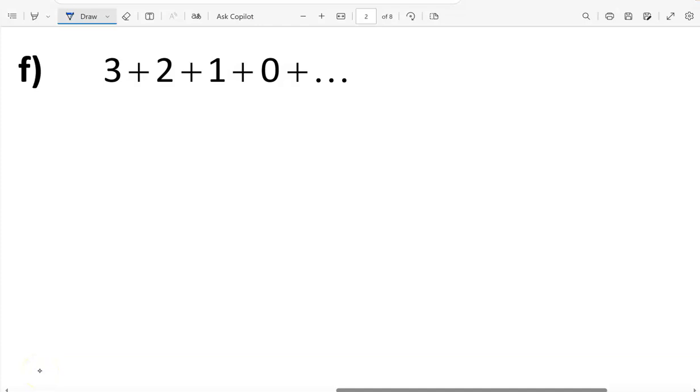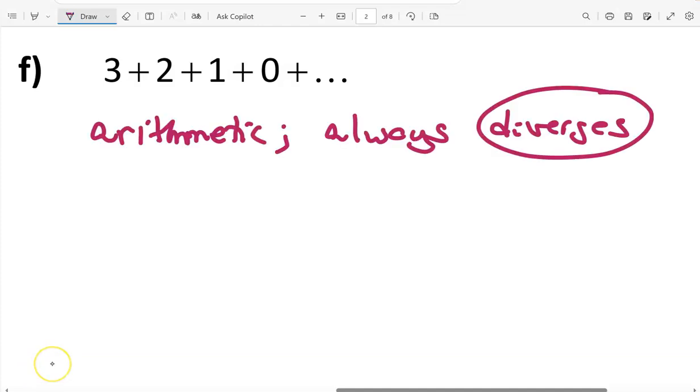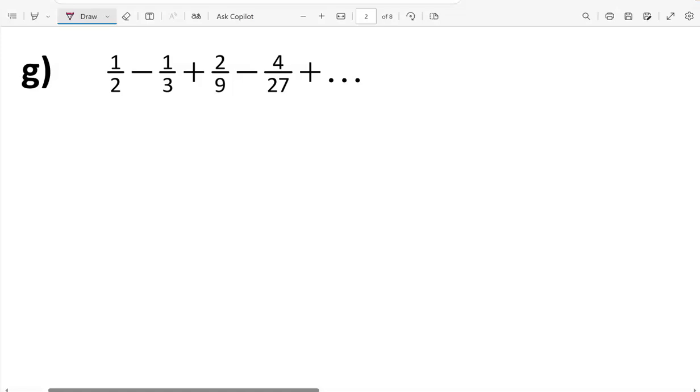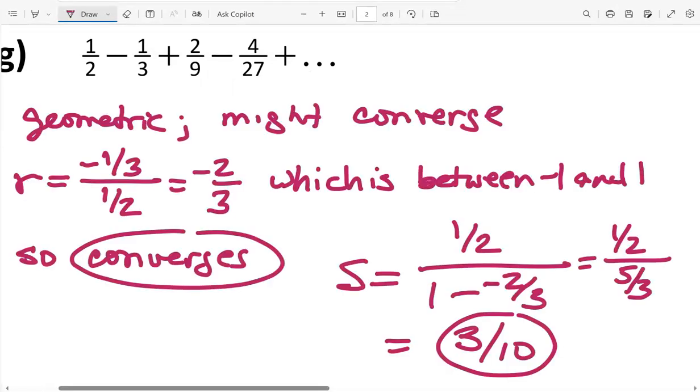Pause the video while you try F on your own. For this one, you should have noticed that this is an arithmetic series because our common difference is -1. Therefore, it always diverges. All right, pause the video while you try G. All right, since this one is a geometric series with a common ratio of -2/3, it converges, and we should have found a sum of 3/10.